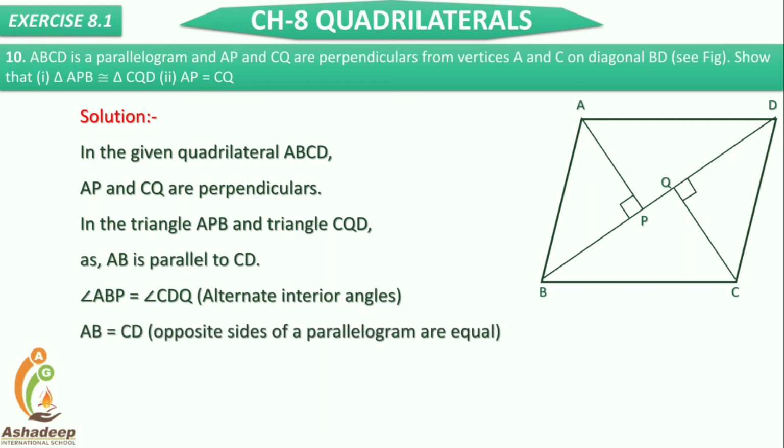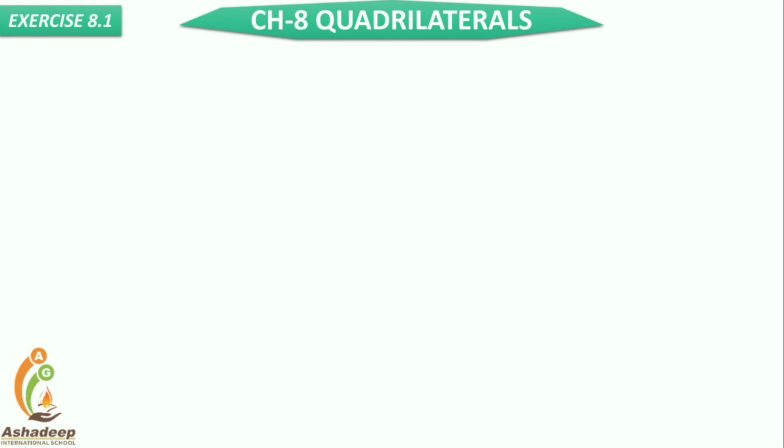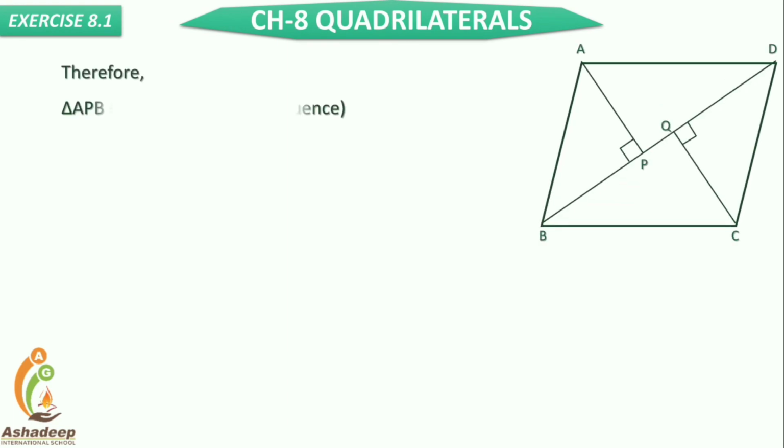AB is equal to CD, opposite sides of the parallelogram are equal, and P is equal to Q, that is a right angle. So we can say that both the triangles are congruent by the rule of angle side and angle, hence it is proved.